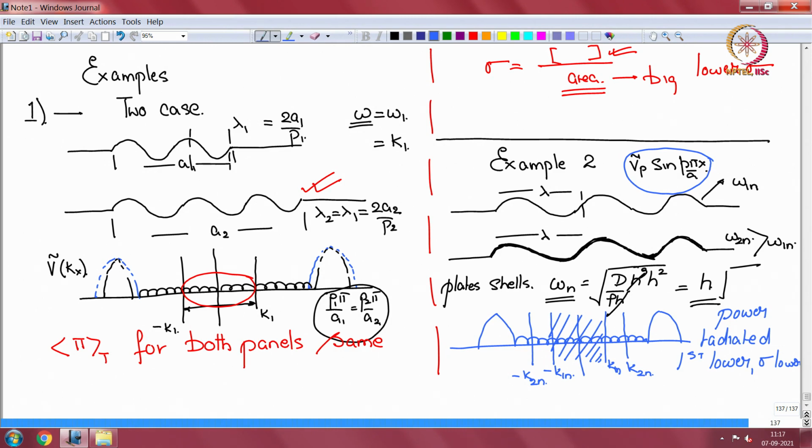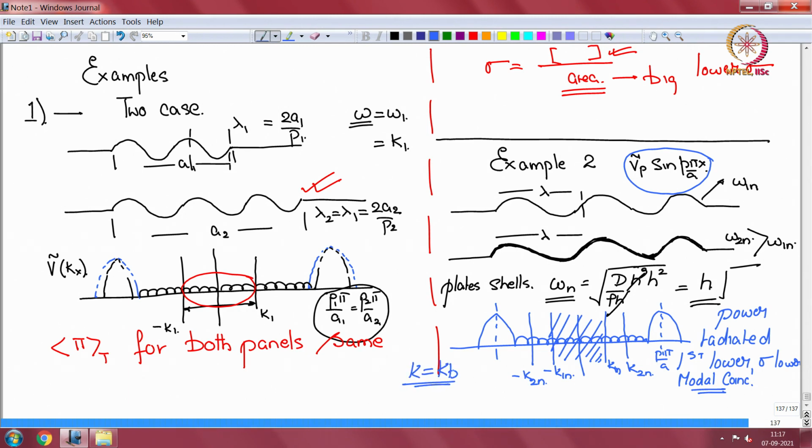Now there are cases here. For example, when k approaches p pi by a, that is when coincidence with the mode occurs. Let's call it modal coincidence. This is different from the coincidence of the full plate where k is equal to kb, the free wave number.